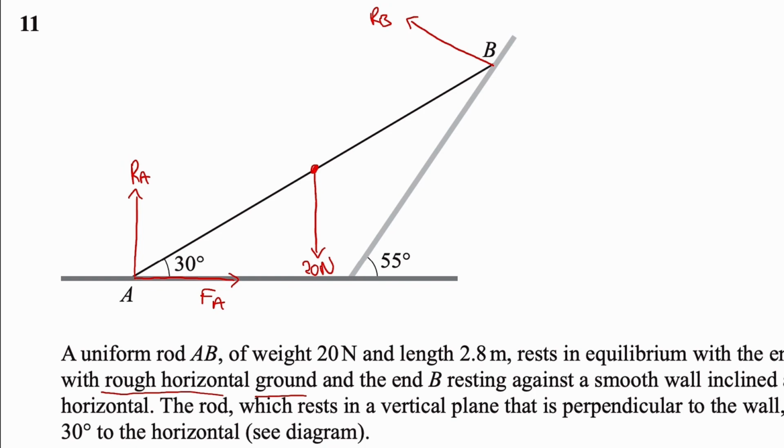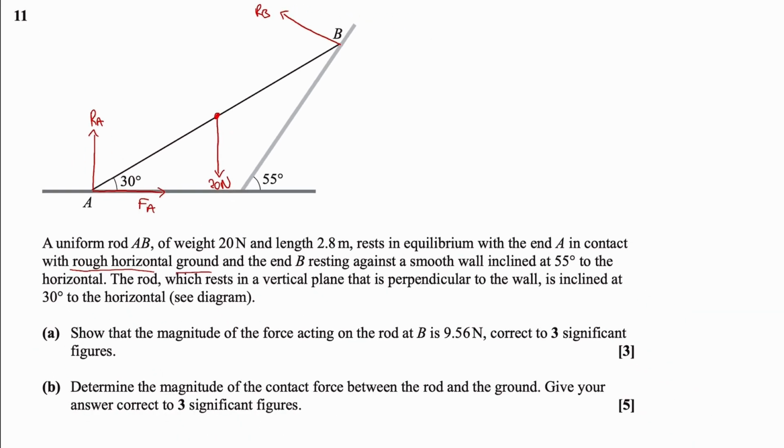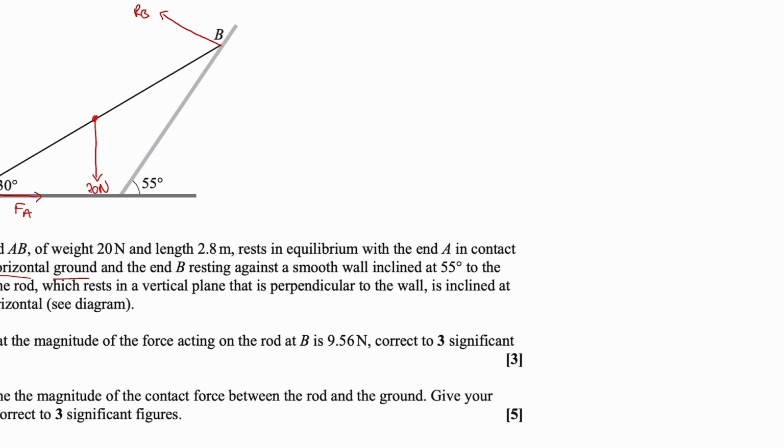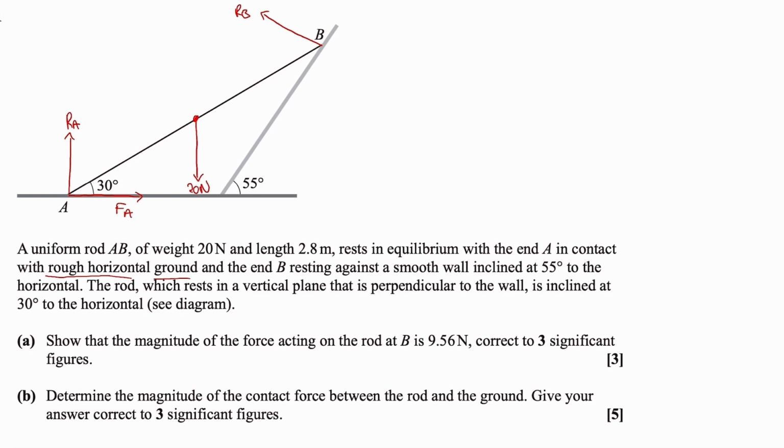So what we need to do first is take moments around A. Hopefully your teacher has told you that in most questions you're going to be taking moments around A. The problem at the moment though is we don't know what the perpendicular forces or distances are. So let's start with the weight. This rod was 2.8 meters, which means to the center we've got 1.4, and if I draw out a little triangle, this is 30 degrees, this is 1.4, and this is 20 newtons.